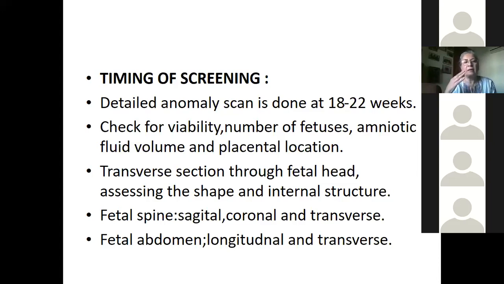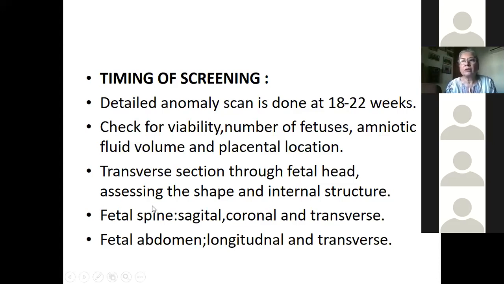Head to pelvis, you scan the fetus. You look for any structural abnormalities, the bony structure, then the brain matter inside, the ventricles and all that. Then you come down to the face and look at the developing nose, the cleft palate, cleft lip.